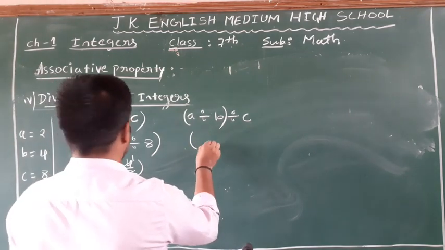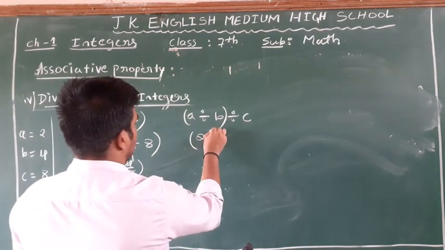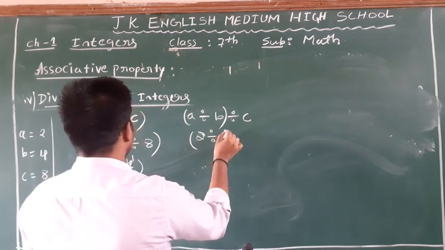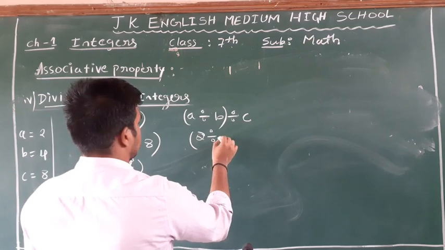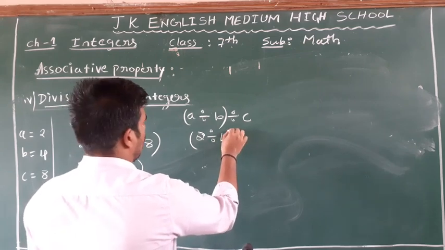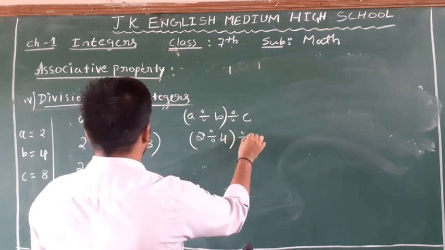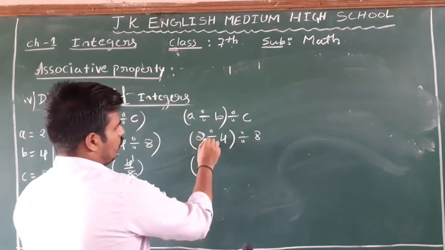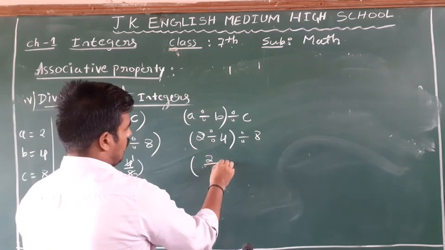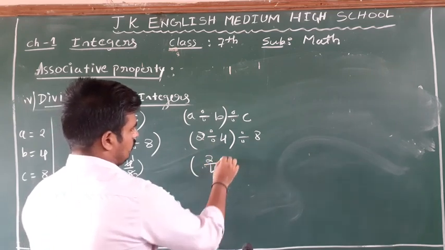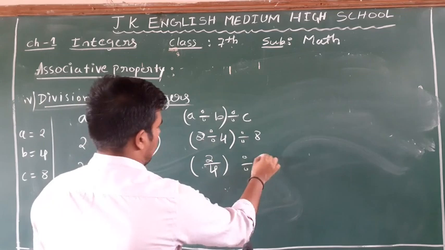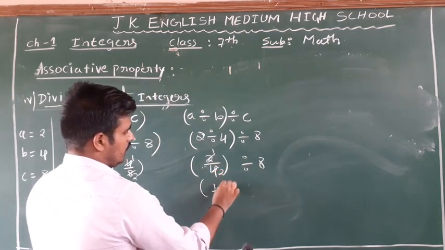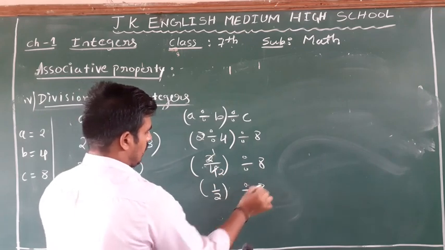Now we'll check here. 2 divided by 4 divided by 8. So we are calculating this one first. 2 divided by 4 means 2 by 4 divided by 8. 2 ones are 2, 2 twos are 4, so our answer is 1 by 2 divided by 8.